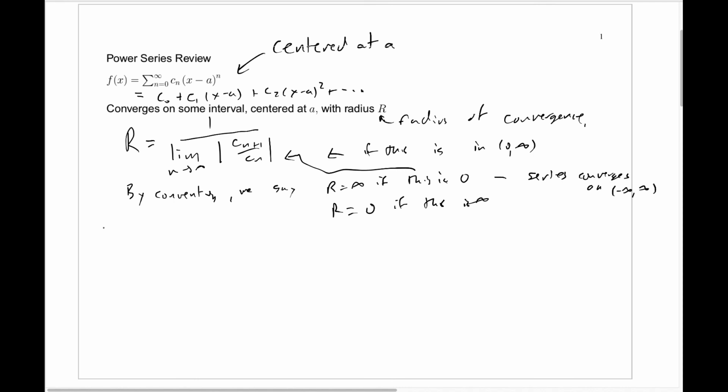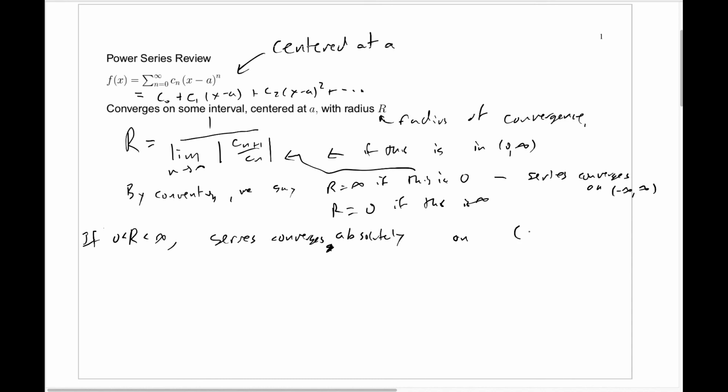But in general, in the most typical case here, if R is some finite number, then the series converges, and in fact converges absolutely. I should put that in here.